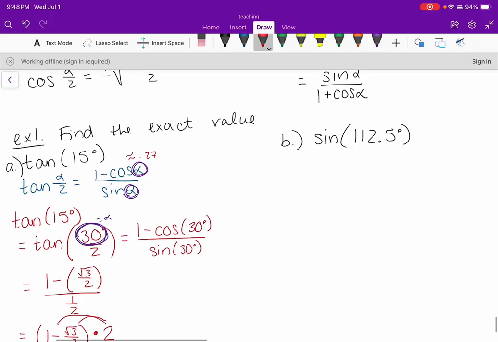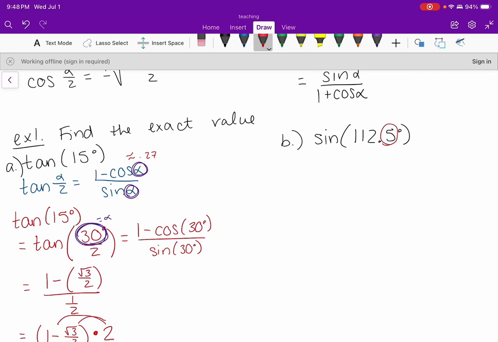Next one, we're going to do sine of 112.5 degrees. When you see this 0.5, this means that you probably need to use the half angle identity. You really can't use a sum and difference here because when you use the sum and difference, you want both the angles you pick to be references of 30, 45, and 60.